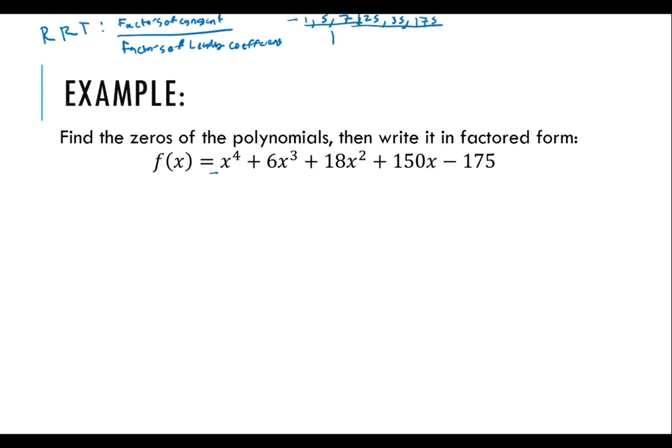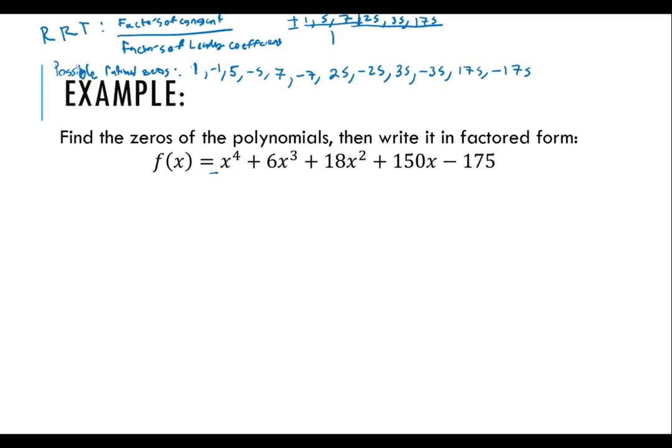And once again, the plus and the minus of each one. And so our possible rational zeros, the rational root test, are positive and negative 1, positive and negative 5, positive and negative 7, positive and negative 25, positive and negative 35, positive and negative 175.